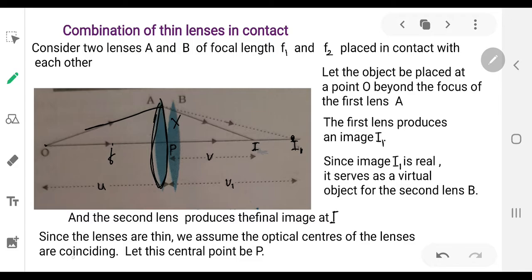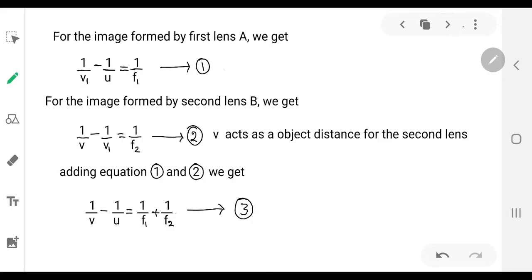Now, since these lenses are thin, we have to assume their optic centers are coinciding. Let that point be P. Now we'll write the equation for refraction at two lenses.